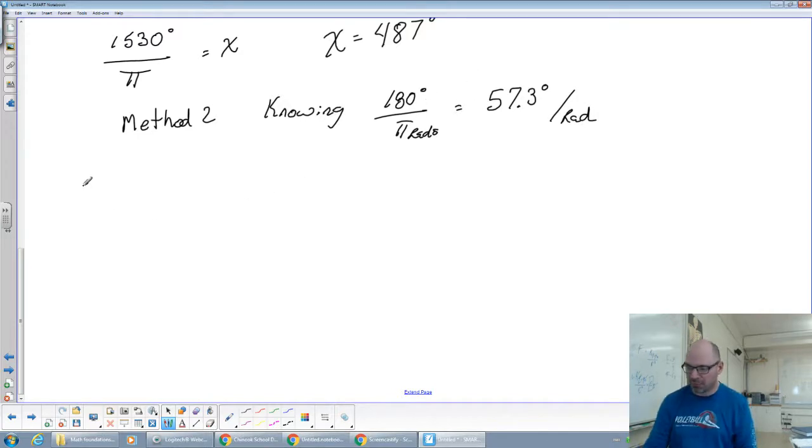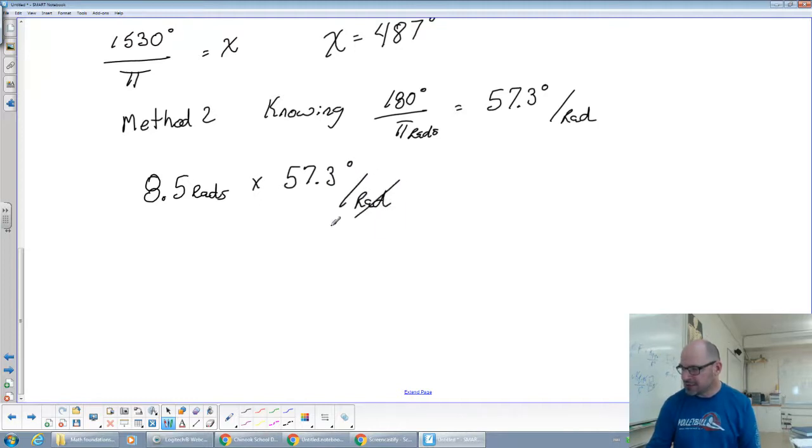So you could also do it, method 2, multiplication or division, depending on which way you're going, forward or backwards. So you could say, well, since we have 8.5 radians, and we know that it's 57.3 degrees per radian, times 57.3 degrees per radian, we're going to get the number of degrees.